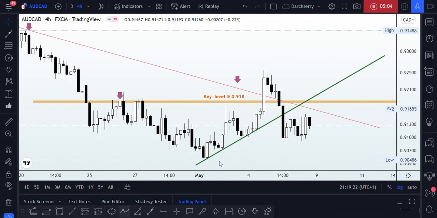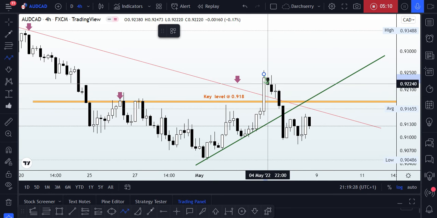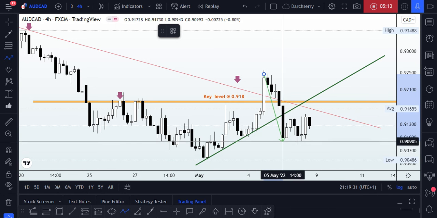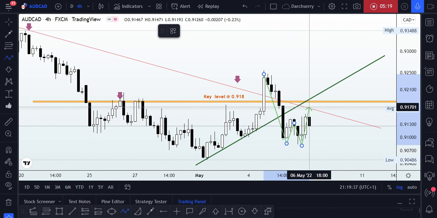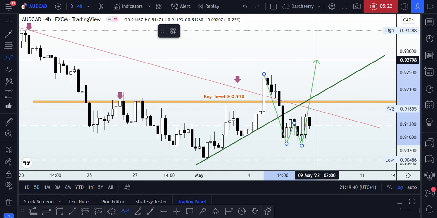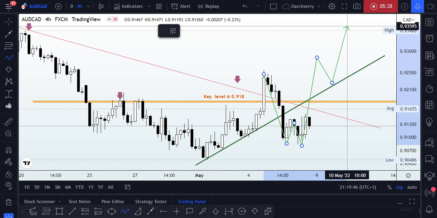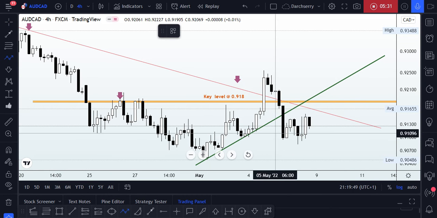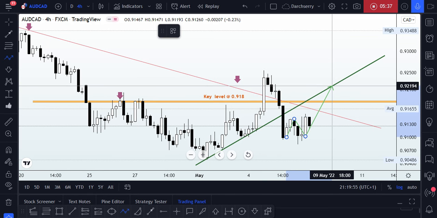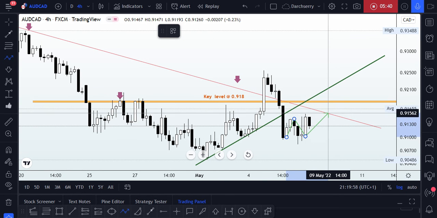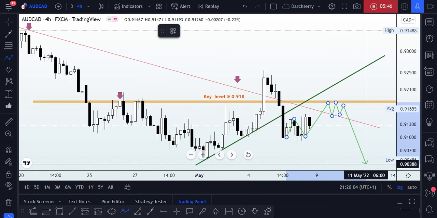We saw this impulse leg, this breakout of structure, and this impulse leg where price moved all the way down to this place, doing something like a reversal pattern that might send price to the upside in the form of something like this, or probably do something like a rejection of this bullish trend line or this key level, after which we see structures that support a trend continuation to the downside.